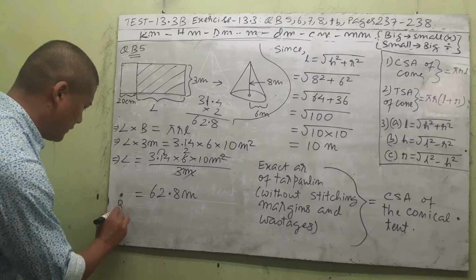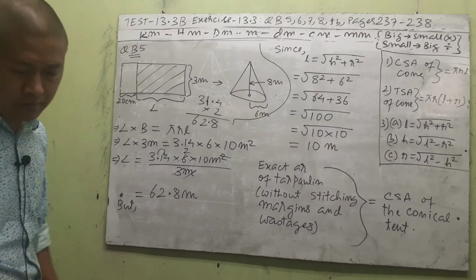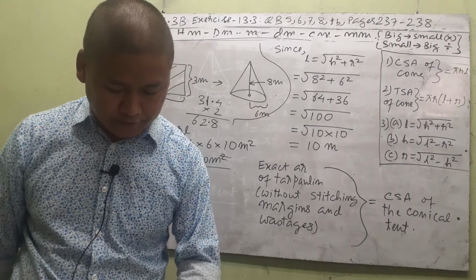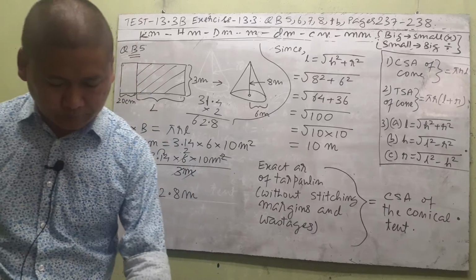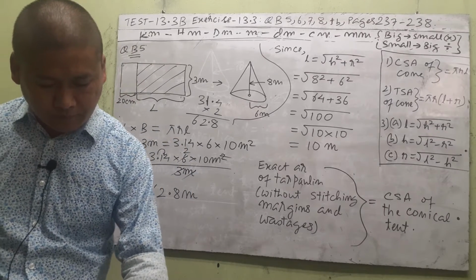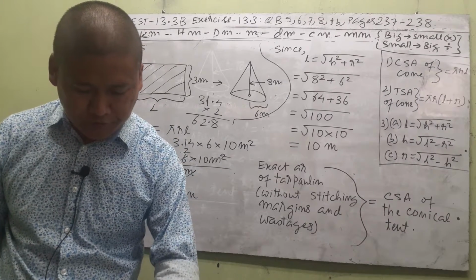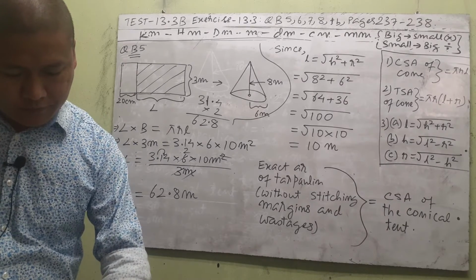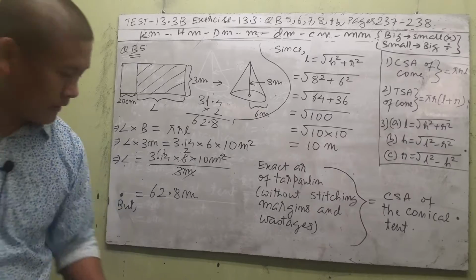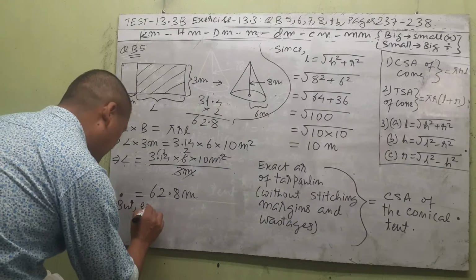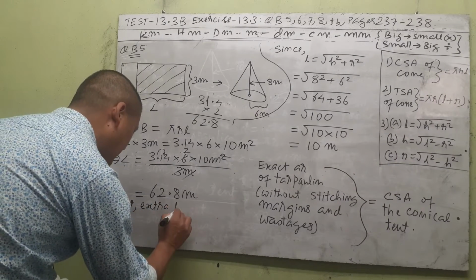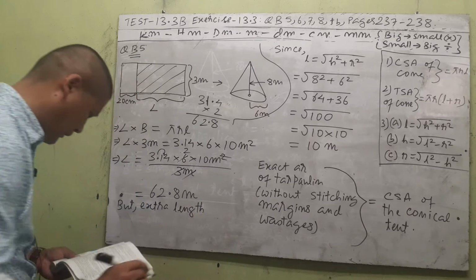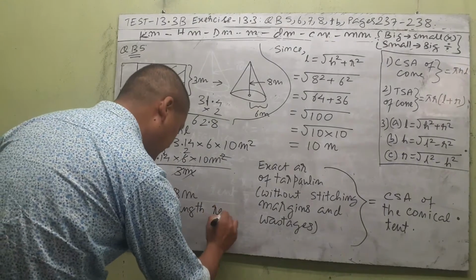But the question is saying something. So find the length. So total length they're asking, not the exact length. So for stitching margins and wastage in cutting, extra length of material is required.